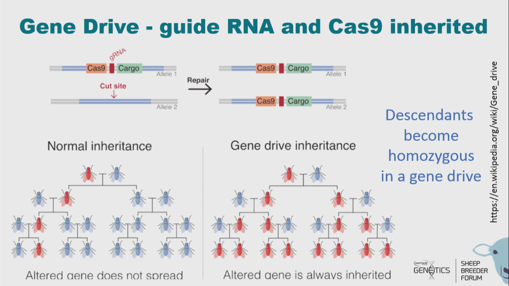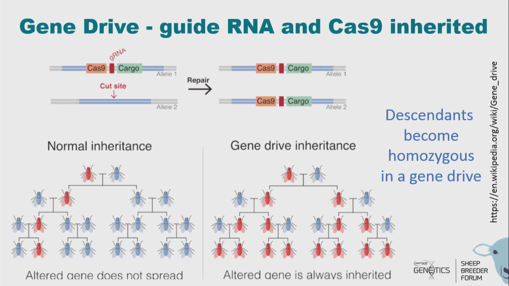But with a gene drive, it changes the laws of inheritance so that when an individual inherits one mutant allele, the gene edit machinery actually changes the other allele it inherited from the other parent to make it homozygous. So instead of the offspring being heterozygous, all of the offspring are homozygous. So this gets passed on and gets driven through the population.